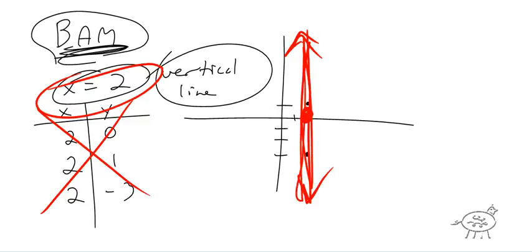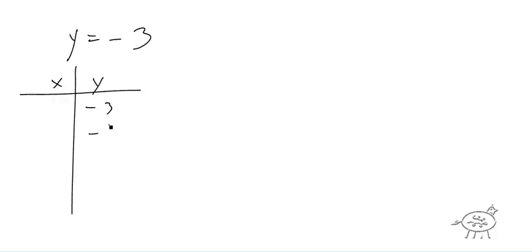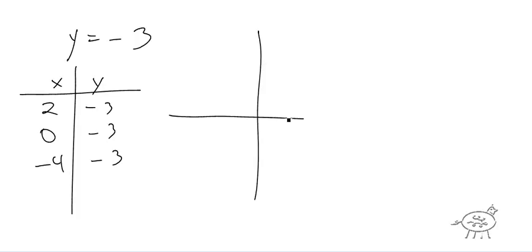All right, let's try another one here. Y equals negative 3. Well, again, if I do a t-chart, y is always negative 3, no matter what. So if x was 2, 0, negative 4, y is always going to be negative 3. So let's plot this. 2, negative 3. X is 0, y is negative 3.